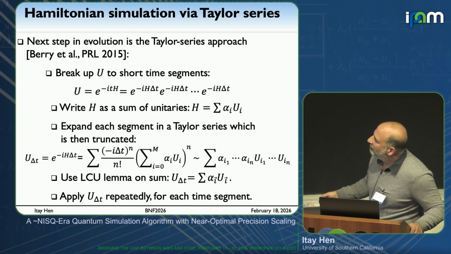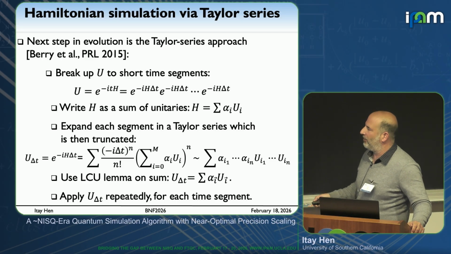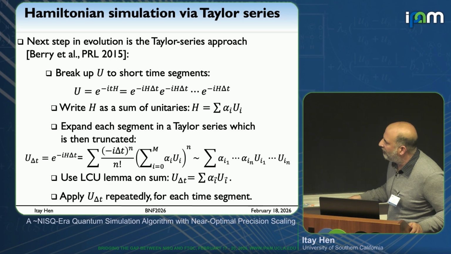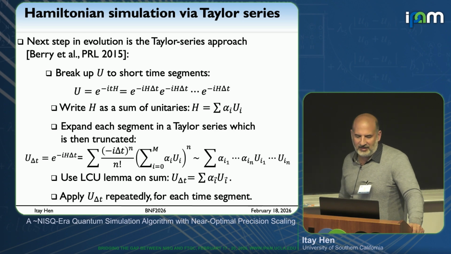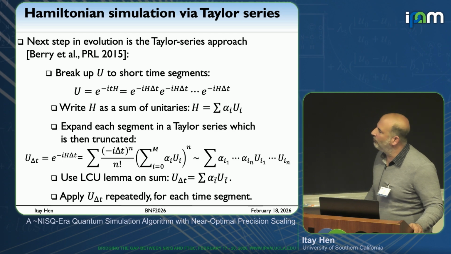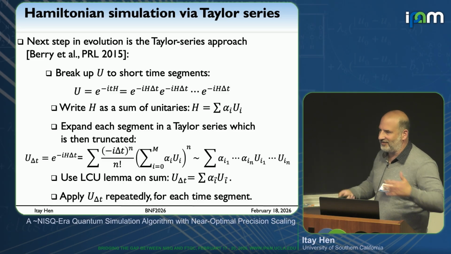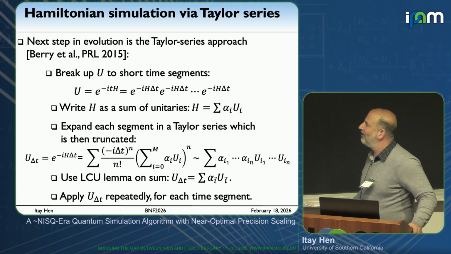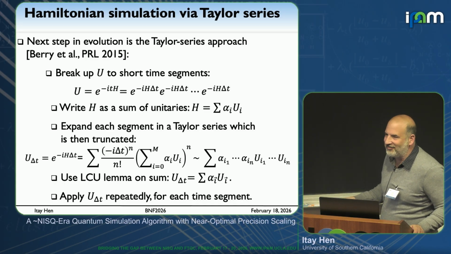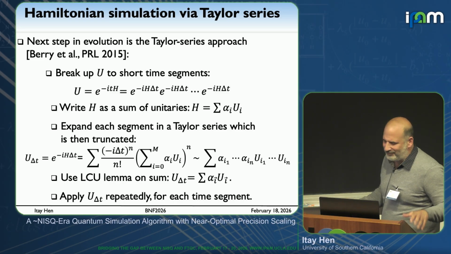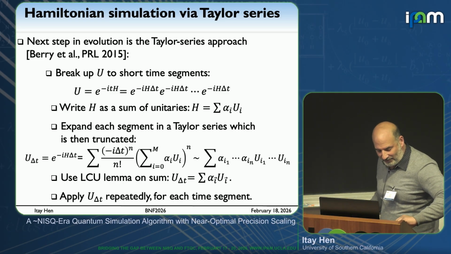And so they were able to write the time evolution operator, at least the short time evolution operator, as a linear combination of unitaries. And actually the breakthrough was this LCU lemma that, again, I'm sure that many of us know and love at this time. I probably won't have time to talk about the lemma.